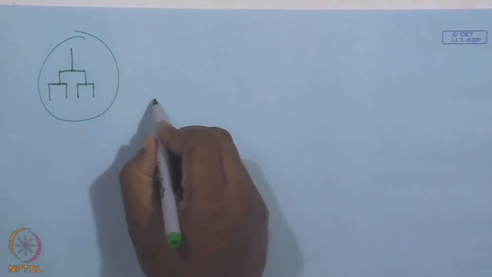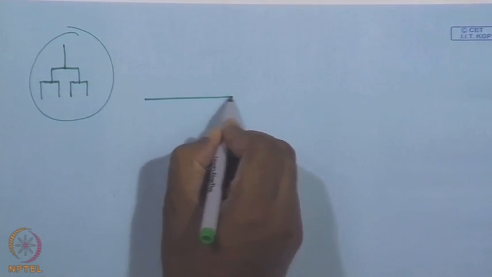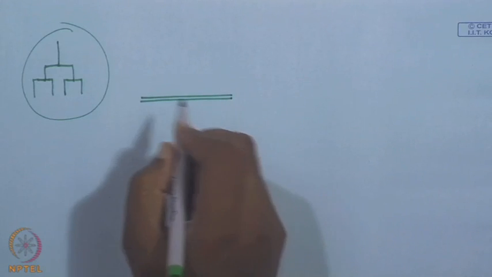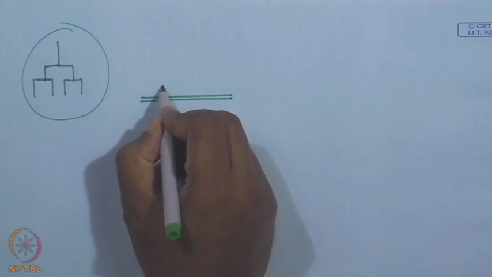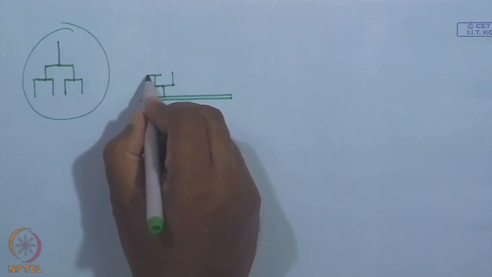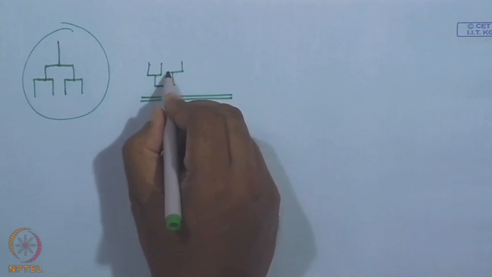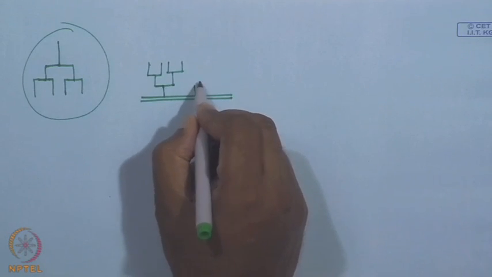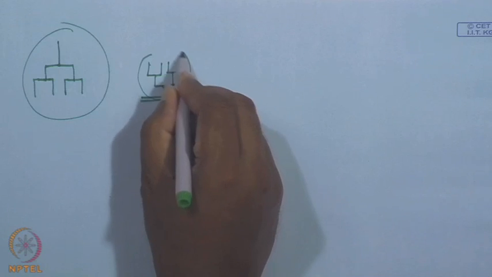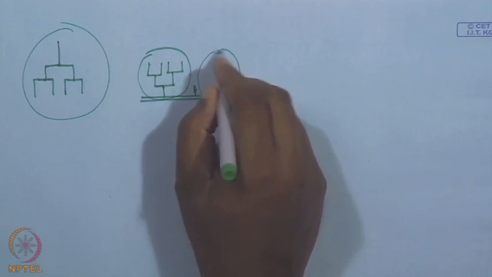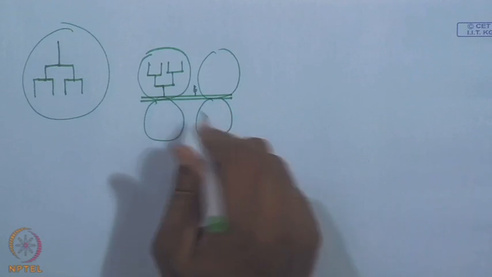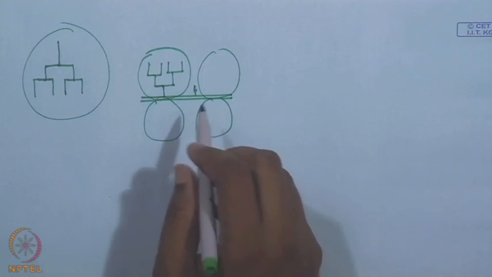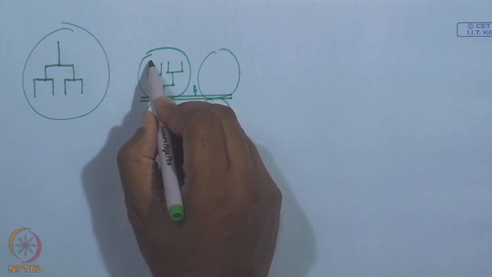Let us say this is the main channel through which the liquid is being pumped, and then we are going to have a branching at this level, a branching at this level, and so on, and this unit will be repeated over here and over here.